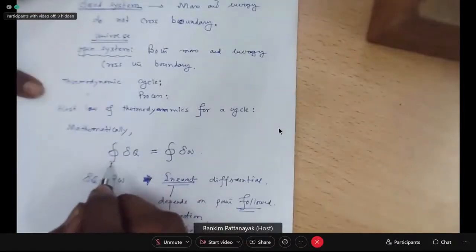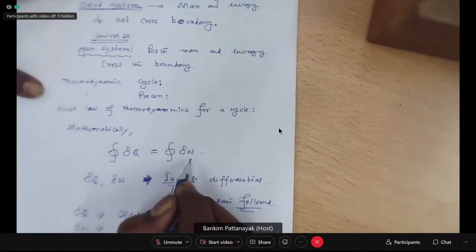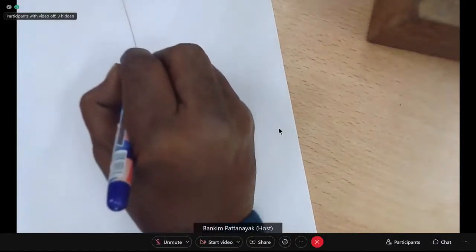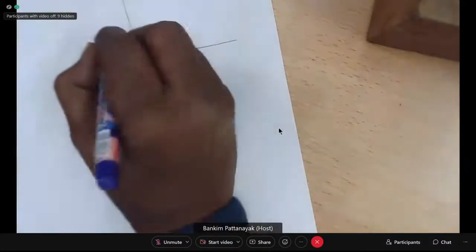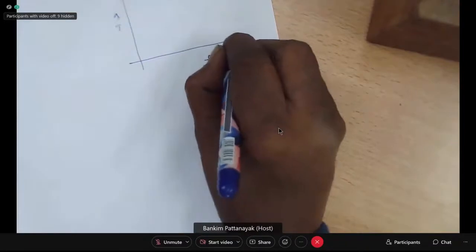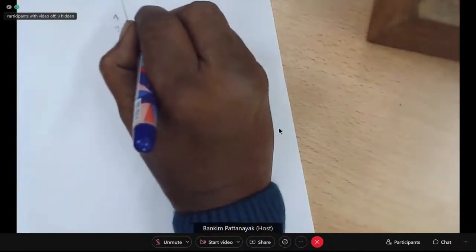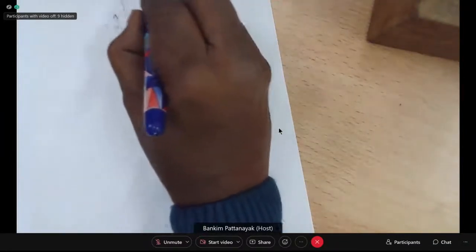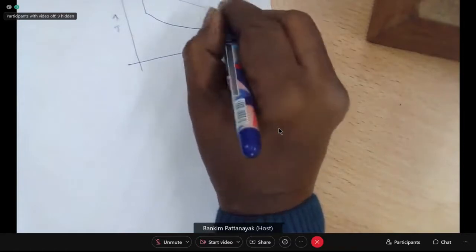Now, del Q is an inexact differential that we have talked of. The first law for a cycle says that cyclic integral of del Q is equal to cyclic integral of del W. Let us say we have a process. Let us say we have a temperature entropy diagram, and there is one process that goes like this, then it comes, then this is the process.